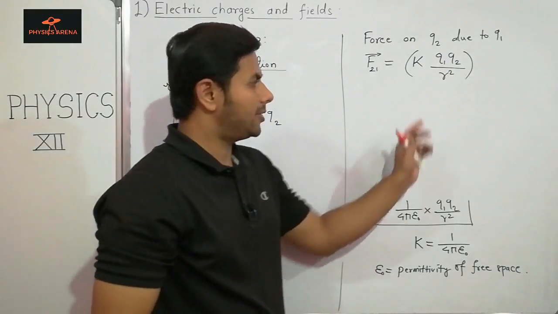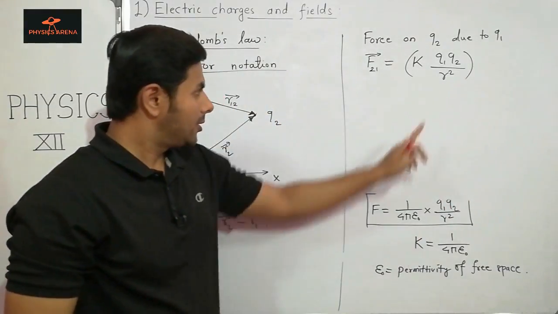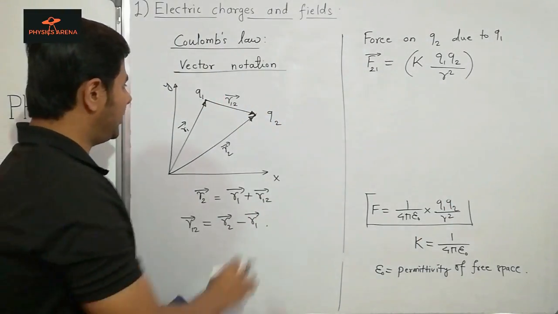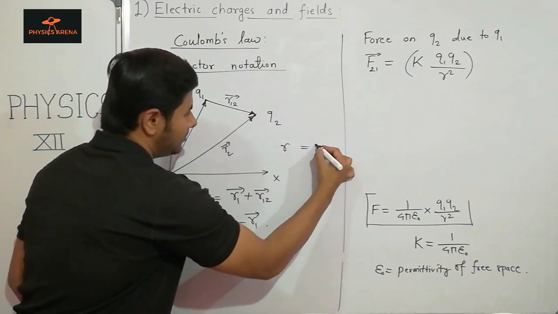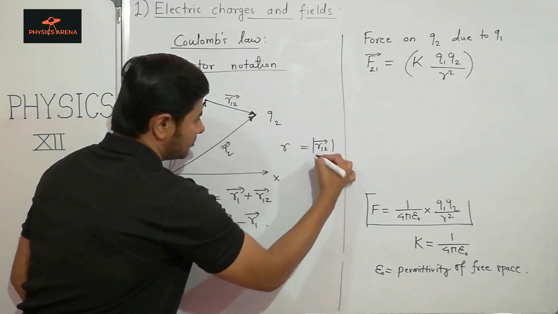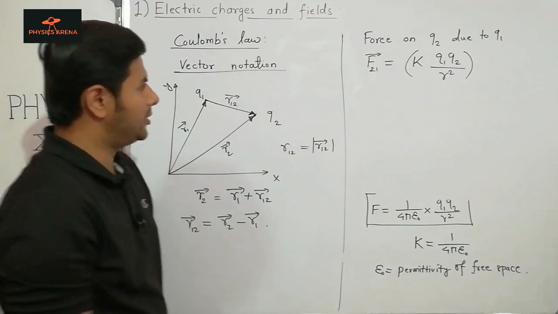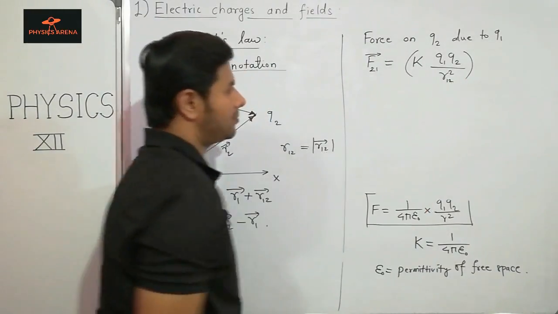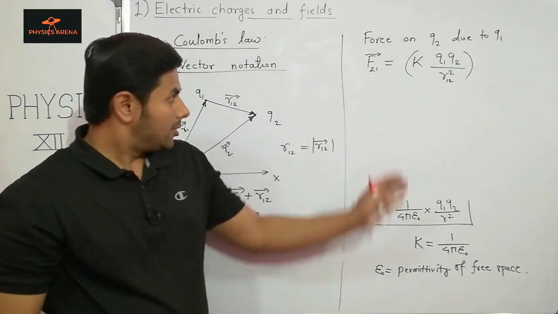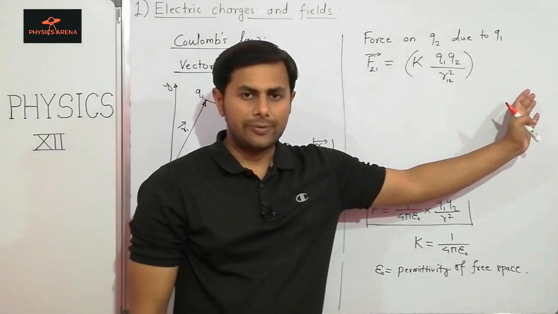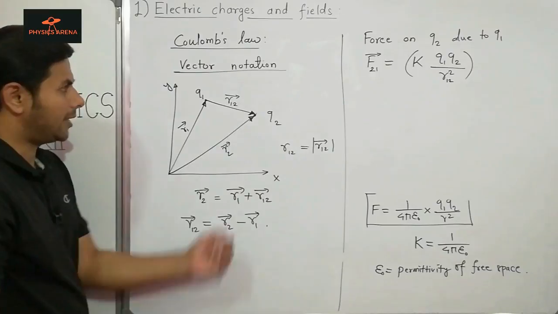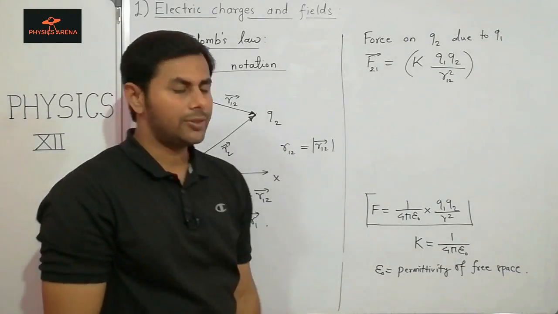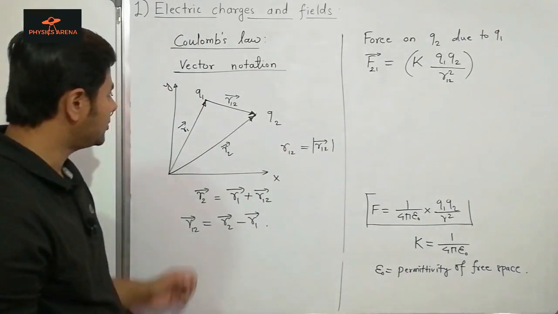So we have written the magnitude here, where R will be equal to the magnitude of this r12 bar, and let's put the suffix r12 here. Now we need some direction here because force is a vector, and on the left hand side we have used vector notation.